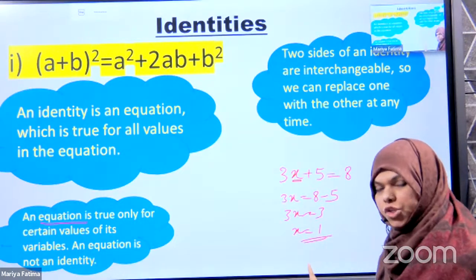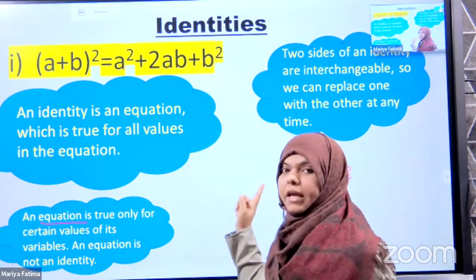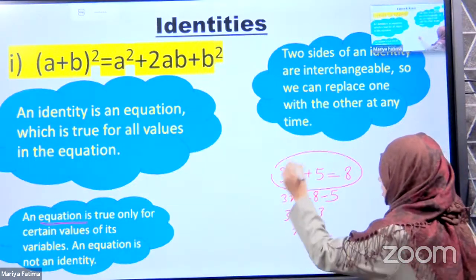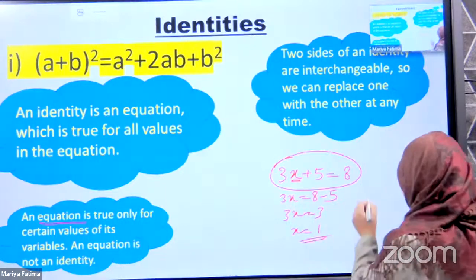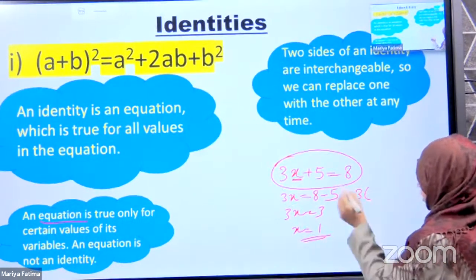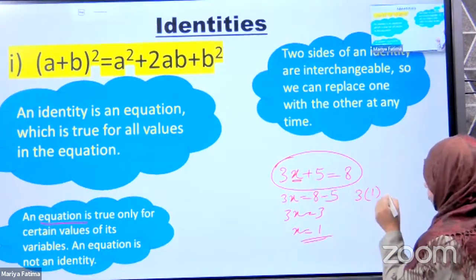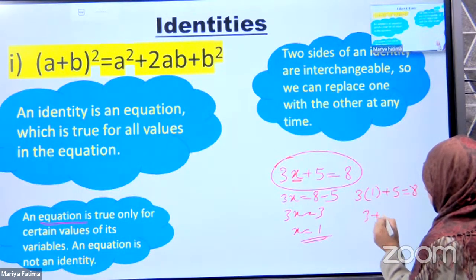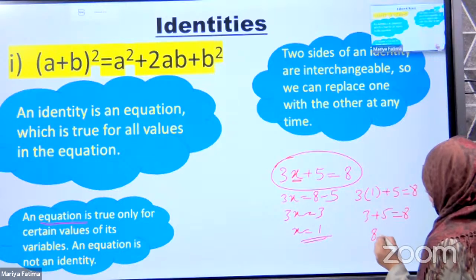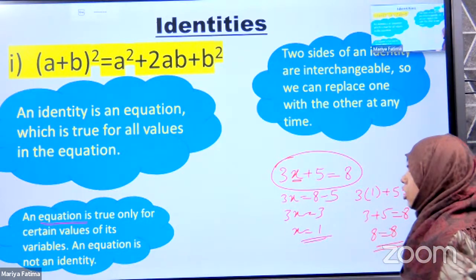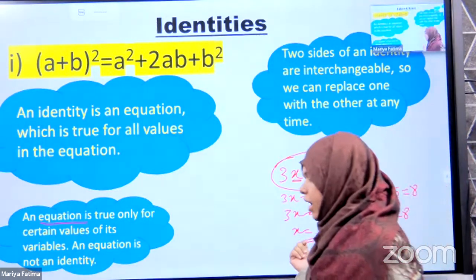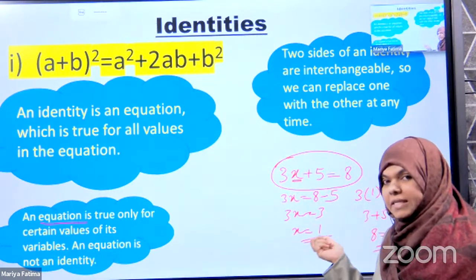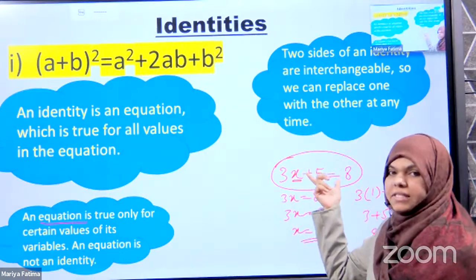If we substitute 1 in this equation, only then will the equation be satisfied. How? Substituting 1 in place of x, 3 ones are 3, plus 5 is equal to 8. So 8 is equal to 8. So it is only for a certain value that this equation will be satisfied.